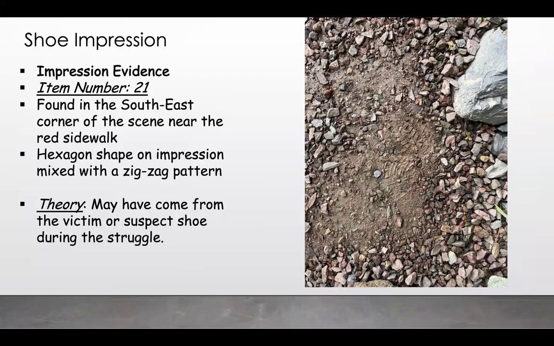Upon examining, we made notes that it had a hexagon shape in the impression, like the shoe pattern on the bottom, as well as zigzag patterns in the print. Our theory is that it may have come from either the victim's shoe or the suspect's shoe during the struggle and the argument that they had.